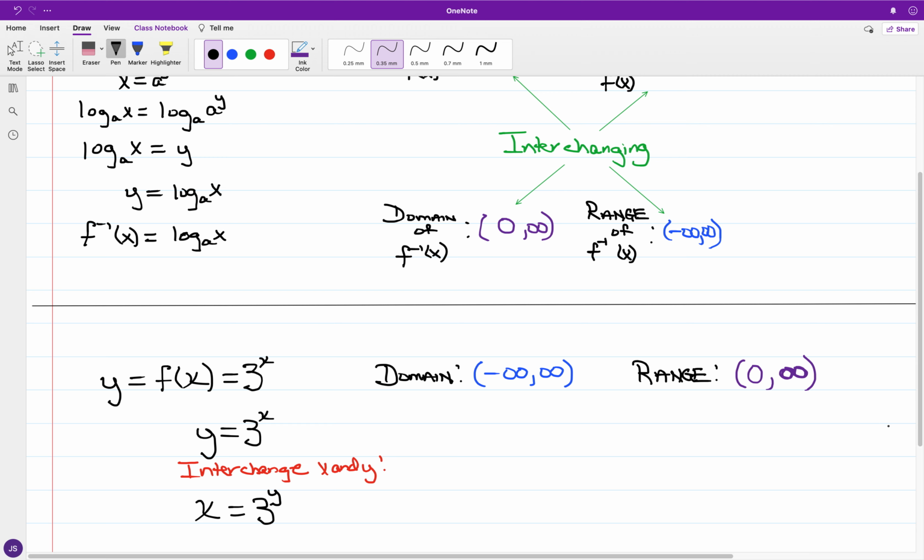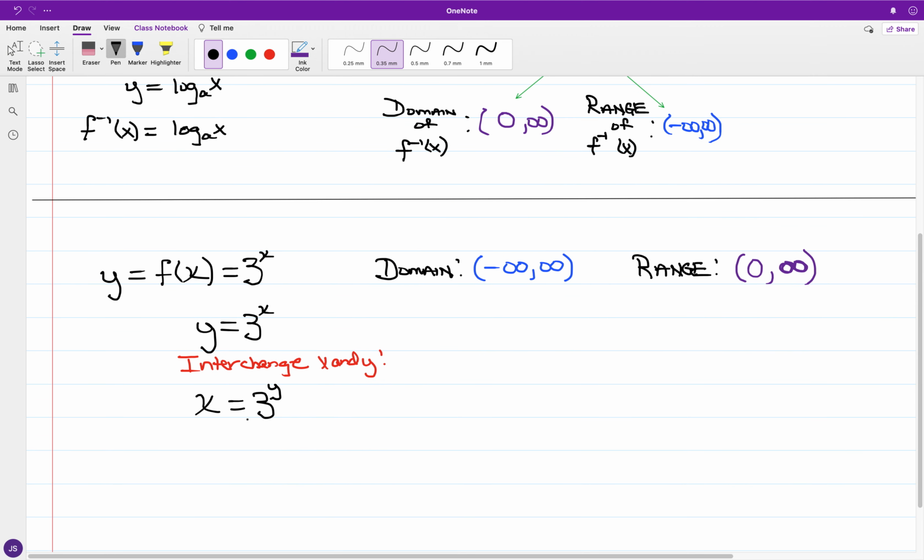And again, to convert from 3 to the y to just y, I take care of exponential bases by applying logarithms in the same base. So I'm going to be taking the base 3 logarithm of both sides.